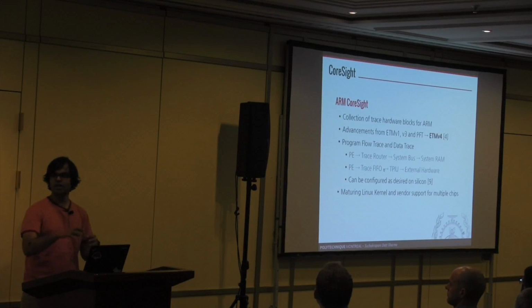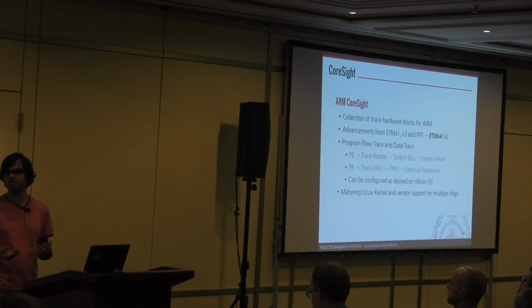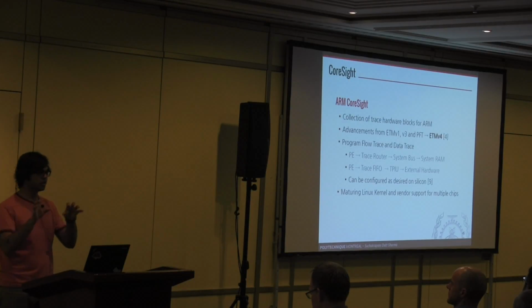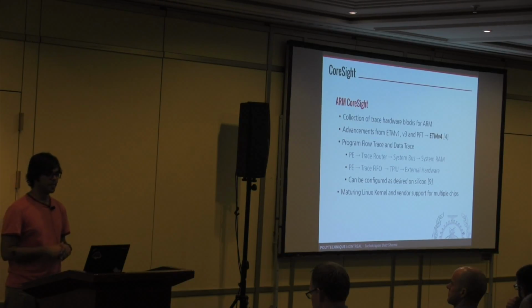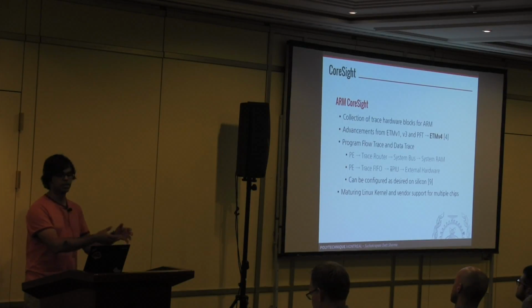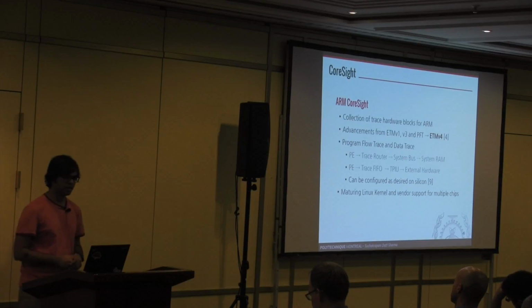These configurations are not mandated, but suggested by the core-side infrastructure, and they can be implemented on silicon the way vendors want them to be. So they can configure the components of their tracing. You can have it go directly to a trace FIFO with an interface to a trace port interface unit, which takes it to external hardware through JTAG or whatever we use.